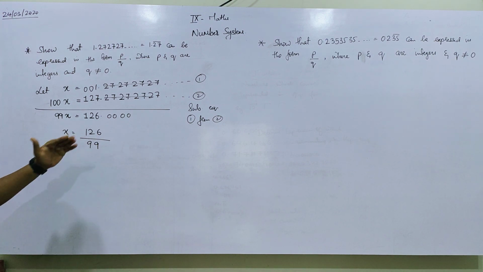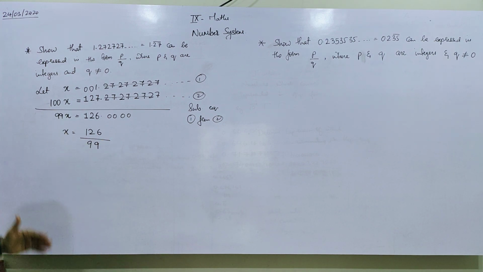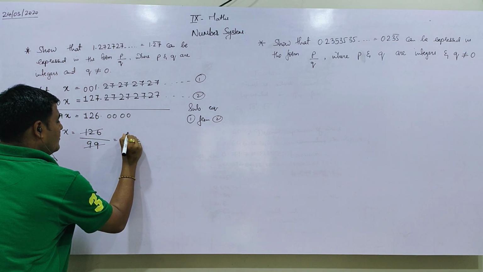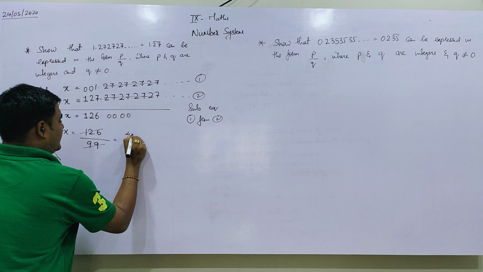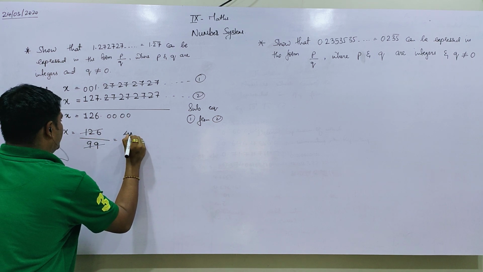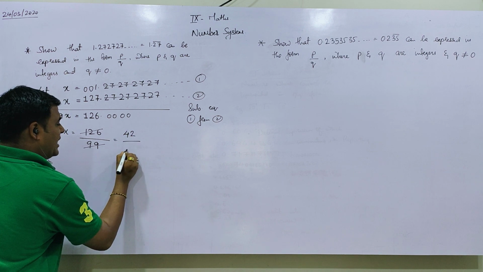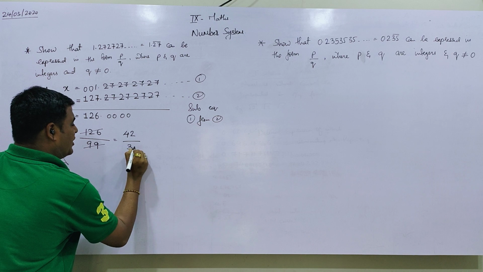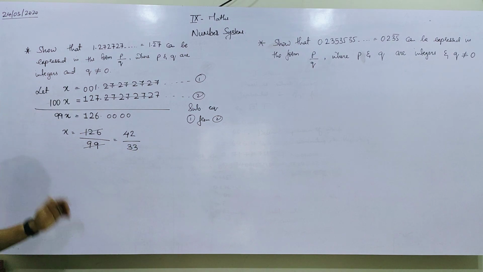Now you can reduce both the numbers by dividing by 3. So it will become 42 by 33. You have got the answer.